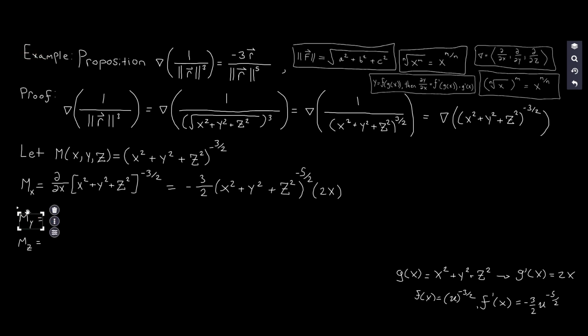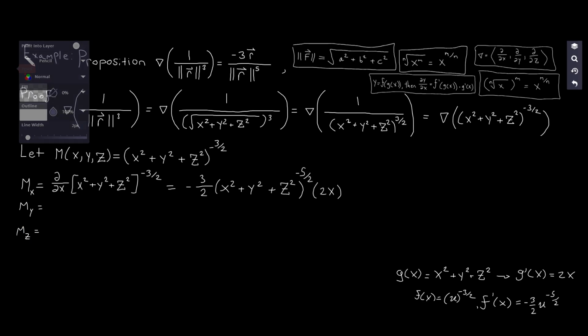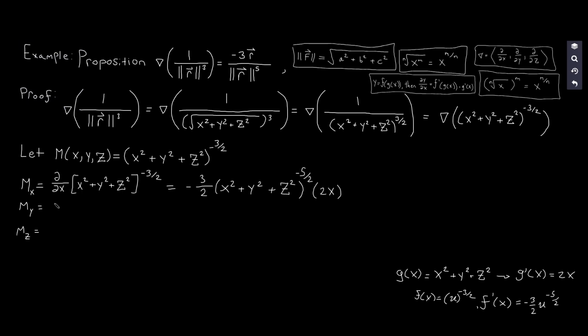And now, just looking at the nature of this, I don't even think I have to retake all of the derivatives again. All I have to do is switch out this 2x with the corresponding variable, right?